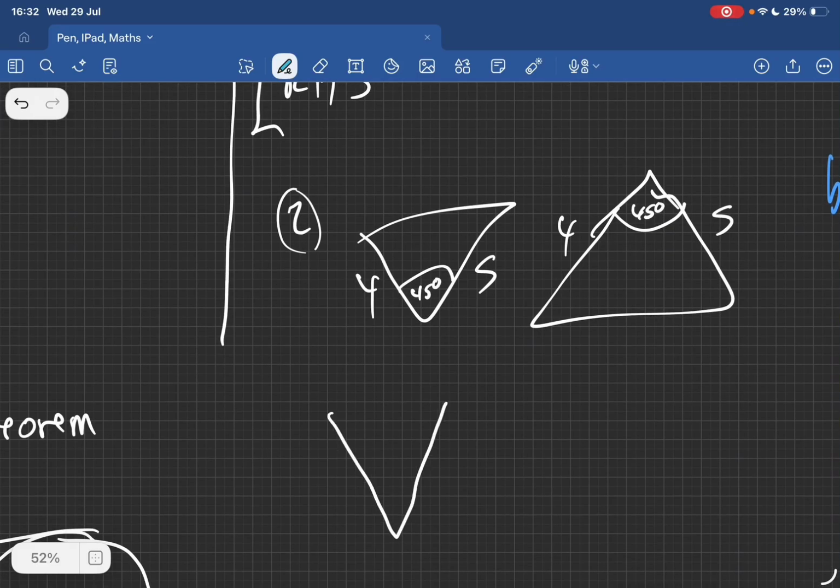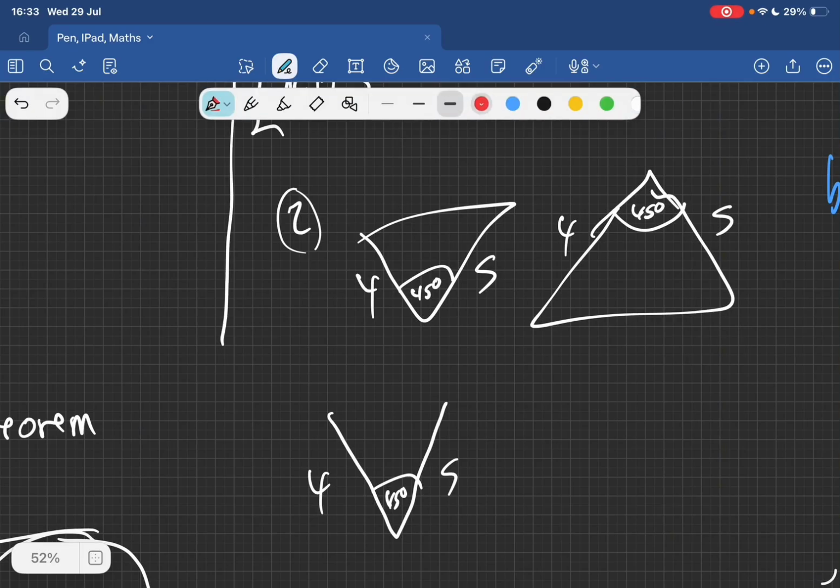If we were to draw out this triangle with 45 degrees and 5, it's basically saying there's only one way we complete this triangle. And the one way we complete it is by drawing this straight line from here to here. Well, this then has to have a side length of, let's say, 3.